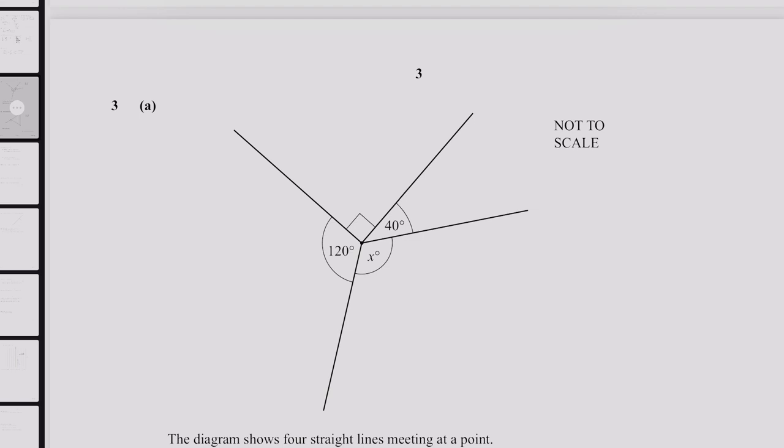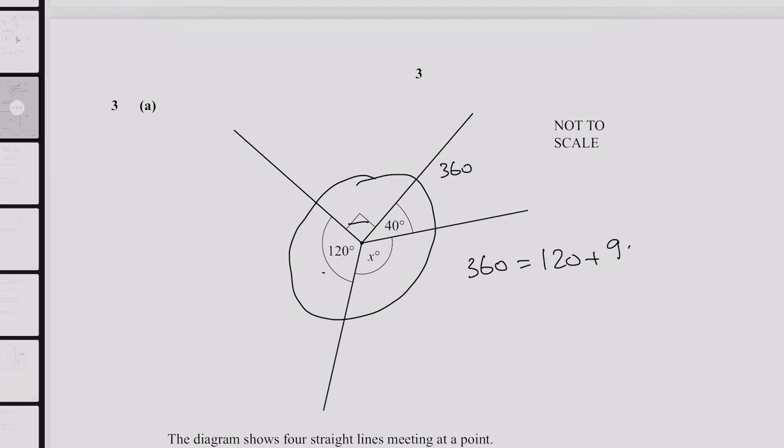Now over here we have to find the value of x. So this whole circle is 360 degrees, right? So 360 equals 120 plus, this is a right angle, so 90, plus 40 plus x.